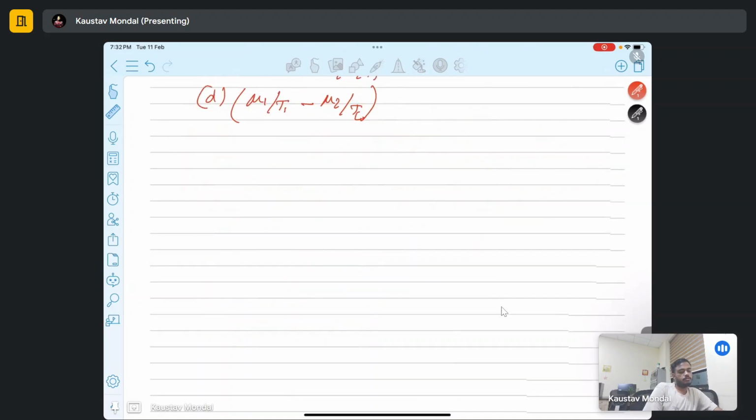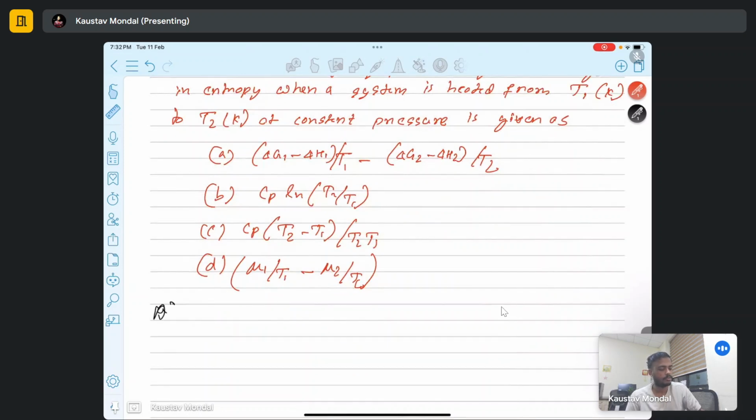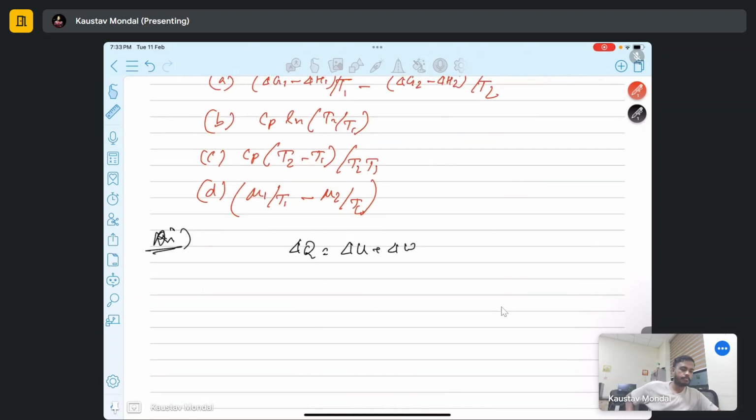To solve this problem, we need the first law of thermodynamics again, that is delta Q equal to delta U plus delta W. Now during this process, as there are no phase changes happening, let me just write the expression. dq is basically TdS, delta U is basically Cp dT, delta W is PdV.